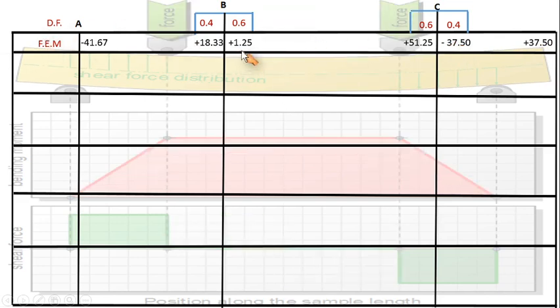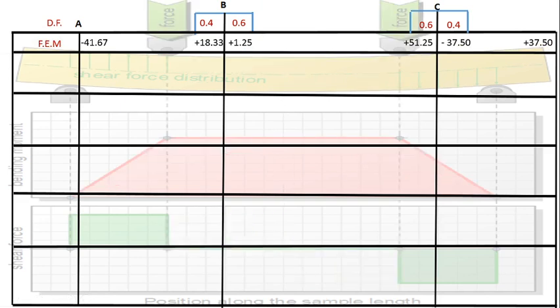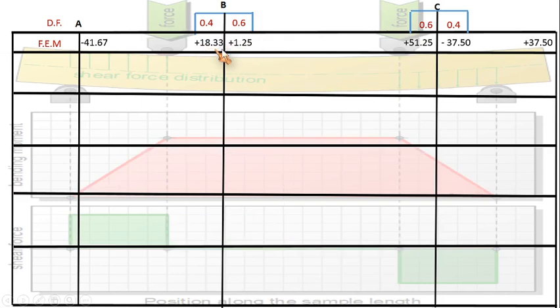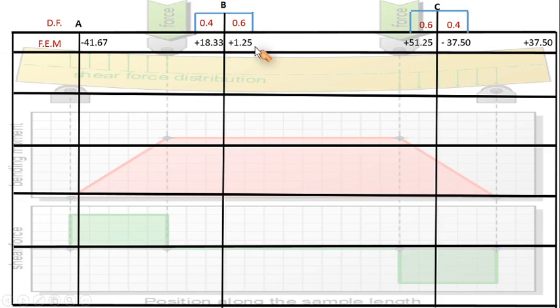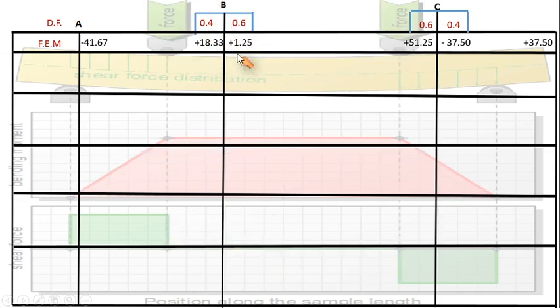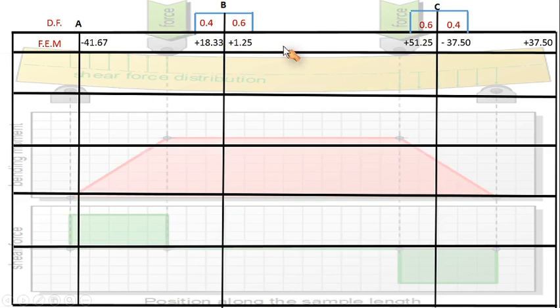Is it okay? Now why is it necessary to distribute the moments here? Let us first of all understand that. So here there is a non-uniformity of the moment on the left hand part of the beam and the right hand part of the beam. That means at this stage this joint B is not in equilibrium. When will it be in equilibrium? When this moment is equal to this moment.